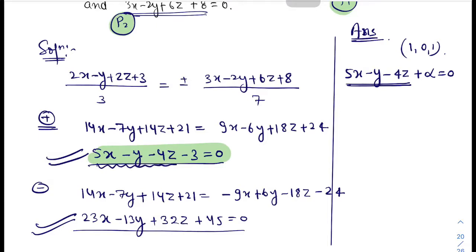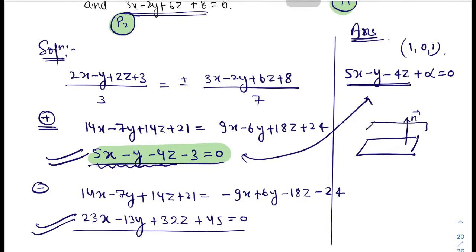because if we are taking this normal vector as same, then it means these both planes are what? These both planes are perpendicular to only one vector, okay. If this is our plane and this is our normal vector, and another plane is again normal to this n vector, then obviously this plane and this plane are what? Parallel.